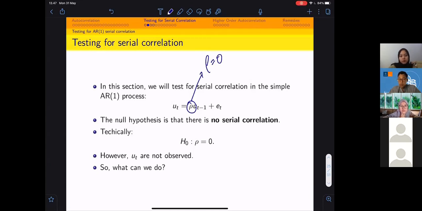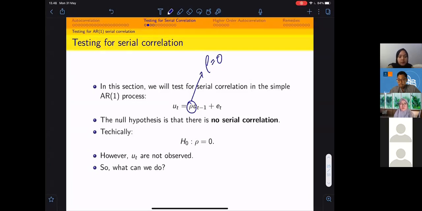So when you do any kind of testing, you always have to state your hypothesis, and you always want to start with the null hypothesis. In this particular case, the null hypothesis is rho equal to 0, which indicates there is no serial correlation.